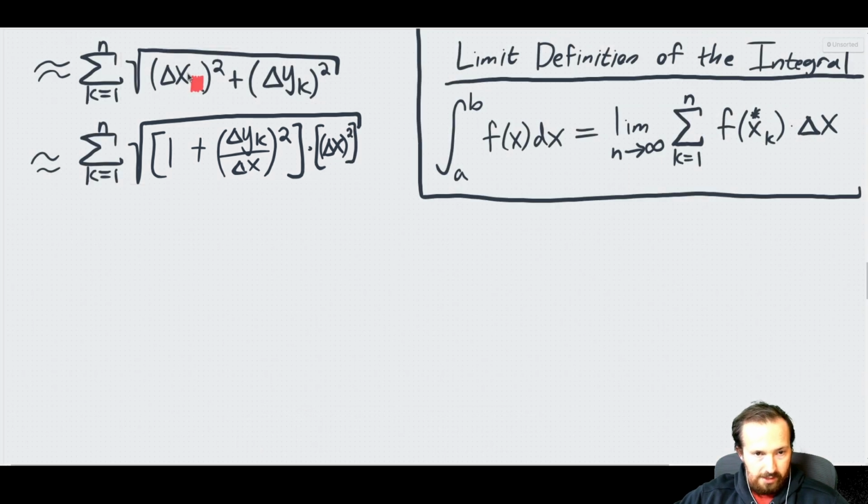So hopefully that makes sense. I'm literally just factoring out delta x squared from both of these. And if you want to confirm it, just distribute the delta x squared back in and verify that you get the same thing you had before. So that's good. What do we do next?